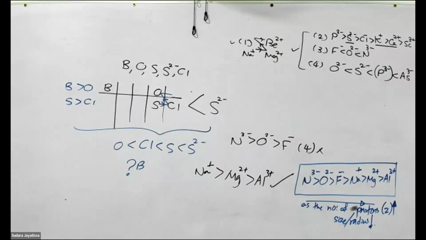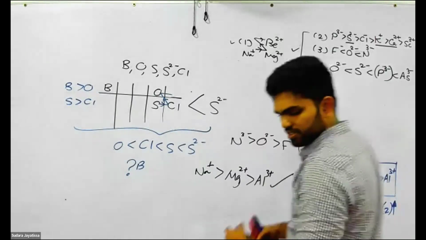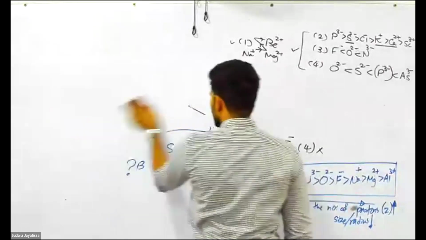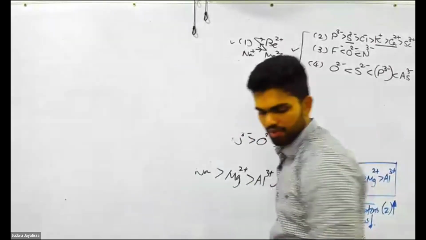Okay, I'll give you a small diagram for this one. Please draw that near that paragraph. It is the ability to attract electrons.